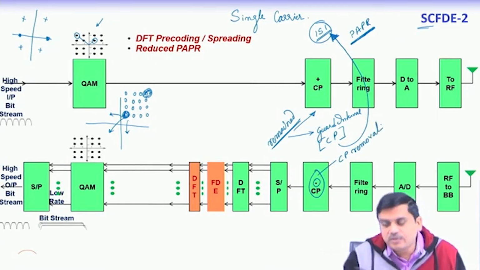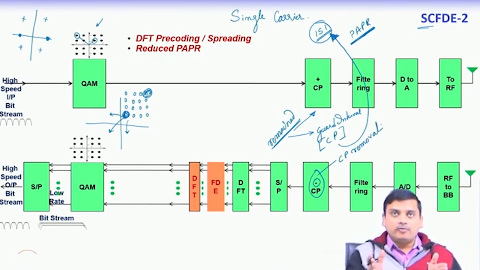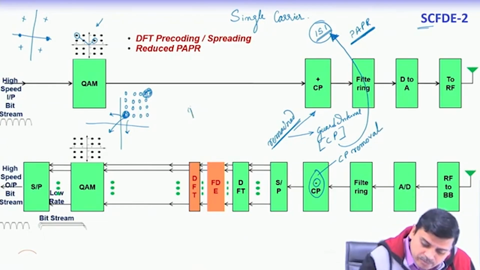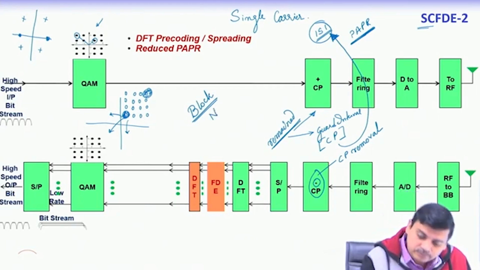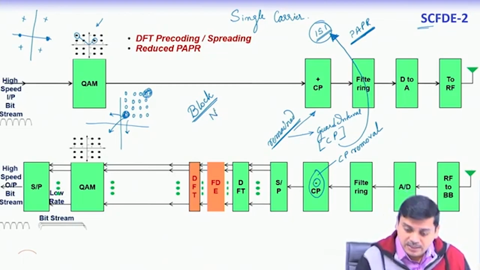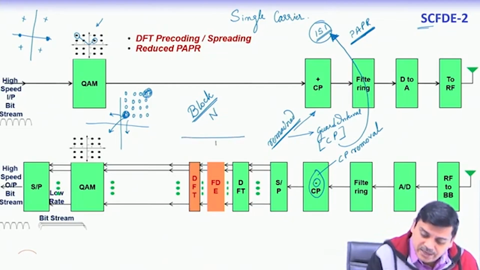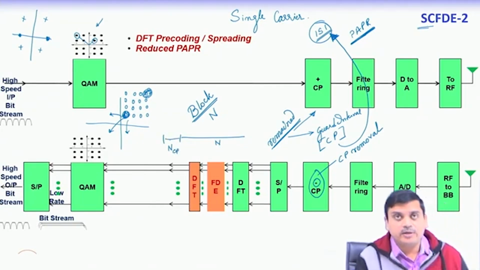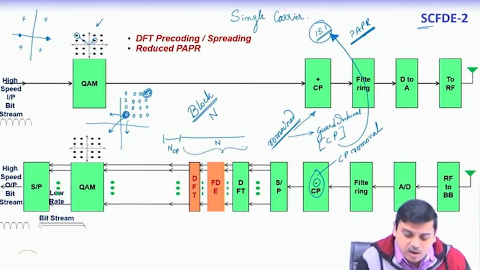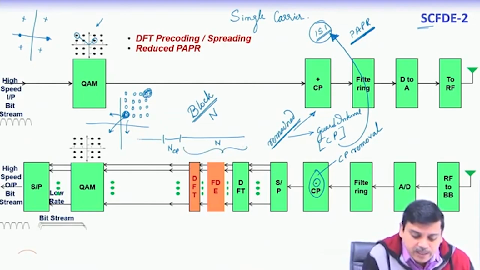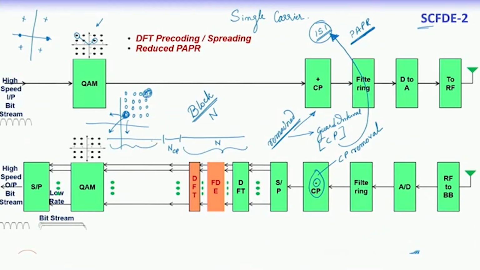So, once it removes the CP, the entire block of OFDM symbols, so we have a block based transmission, right, and the block length remains n as in OFDM, nothing has changed. So, that same n block length will remain and there will be a CP added to it, right. So, that gets removed and then you have the entire block which is free from the ISI of the previous block.